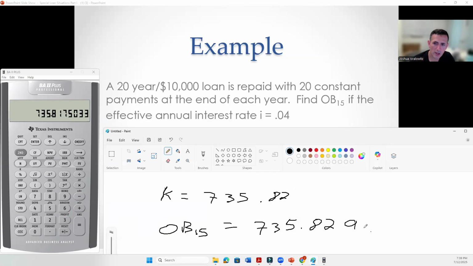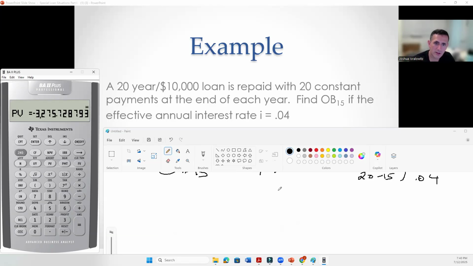Using the prospective method, it's 735.82 times a angle of 20 minus 15, at 0.04. Five N, 4 for interest, compute present value: 3,275.70.